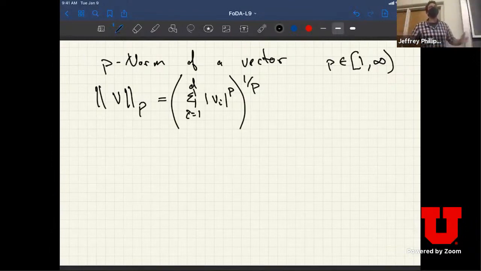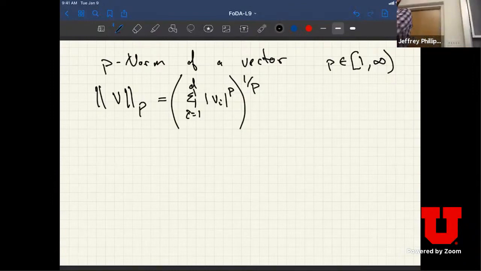So typically you skip writing those, and those absolute values don't affect the answer here. But in general, you do need the absolute values on the coordinates for values of P other than even integers. There, it takes care of itself. Like if I put P equals 4, that's also going to be fine. I don't need the absolute values here.